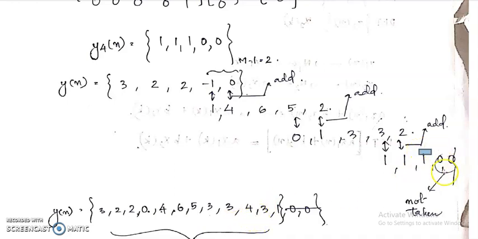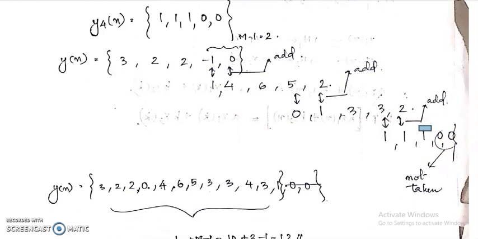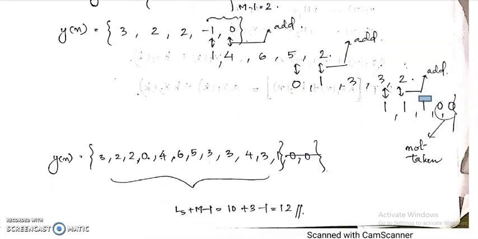We have 2 zeros at the end, but we can eliminate those elements. Why? What is the reason for that? Because we know that the length of the output sequence y of n is given by ls plus m minus 1. ls is the length of the long data sequence and m is the length of h of n.